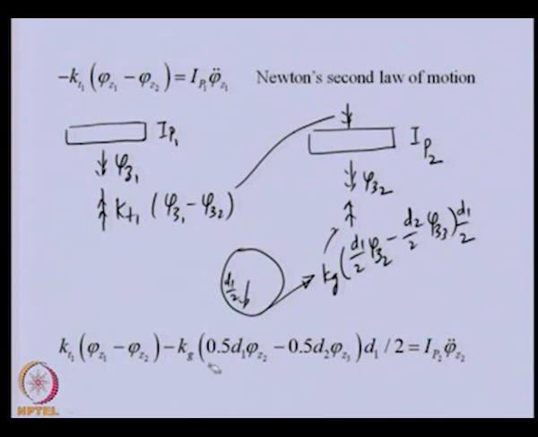This torque, opposite to the angular displacement, should be equal to the inertia of gear 2. Once we obtain this, we can obtain the free body diagram of the second gear, having IP3. In this case also I am taking the angular displacement downward as the positive direction.